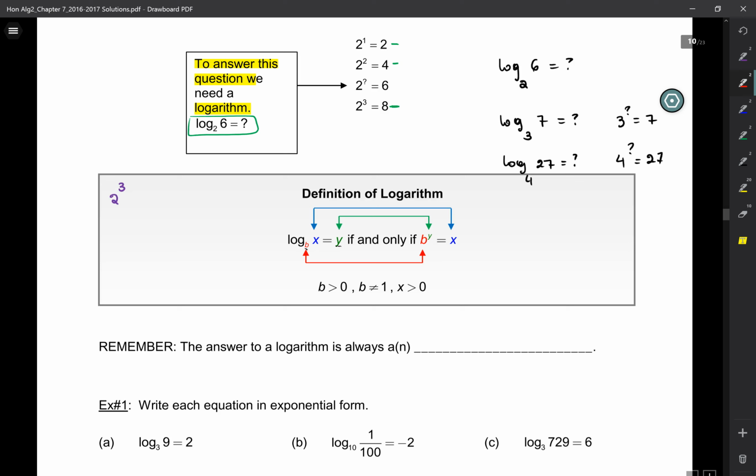What's the name of that 2? It's a base. And what about the 3? It's an exponent. So in the logarithm as well, b is the base. So log base b of x.